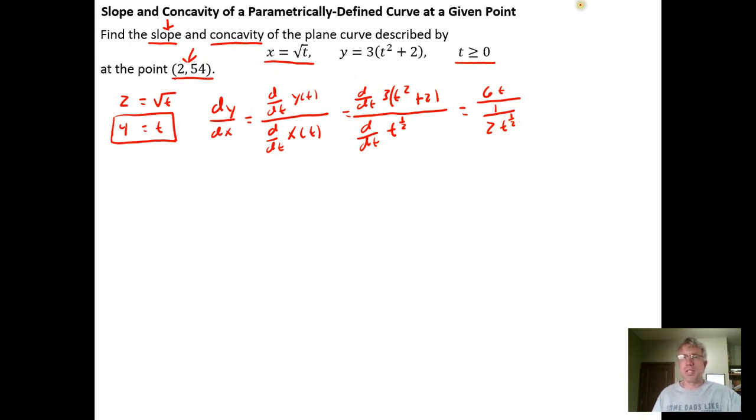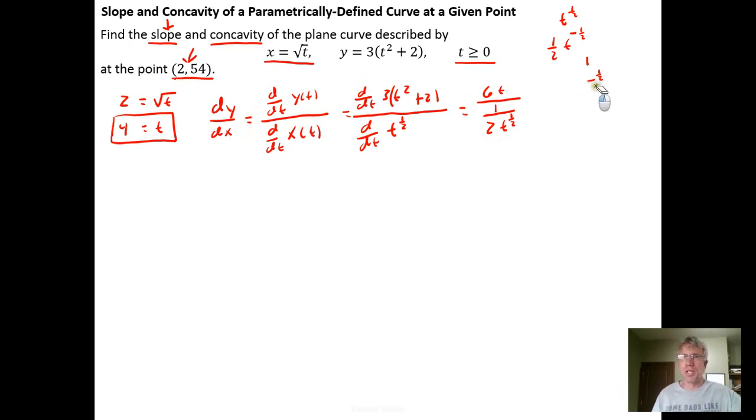And if you needed to verify that, you could think about how you would take the derivative of t to the 1/2. Well, you'd get 1/2 t, and then you go 1/2 minus 1. We reduce the exponent by 1, which would give us negative 1/2.